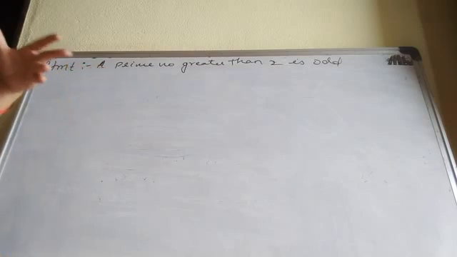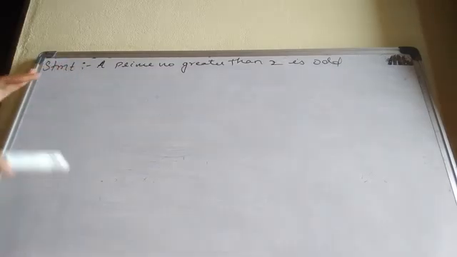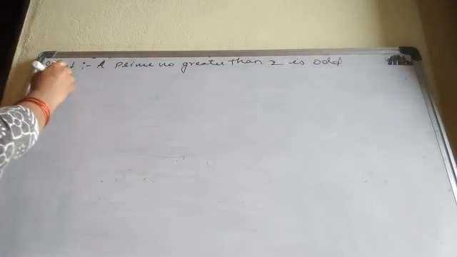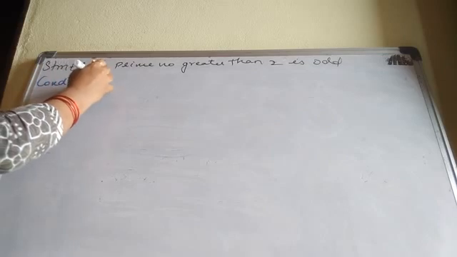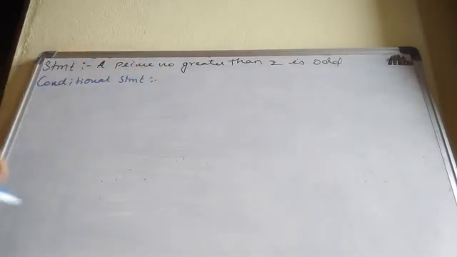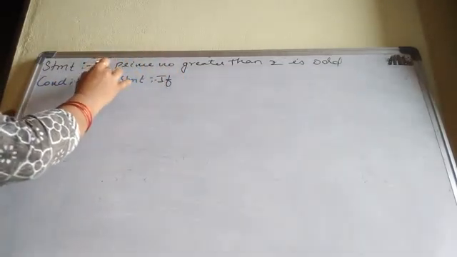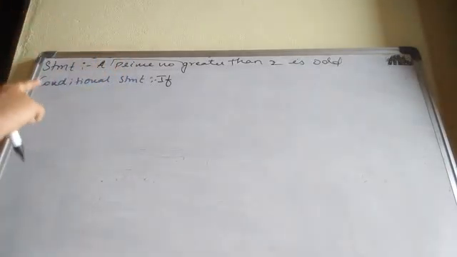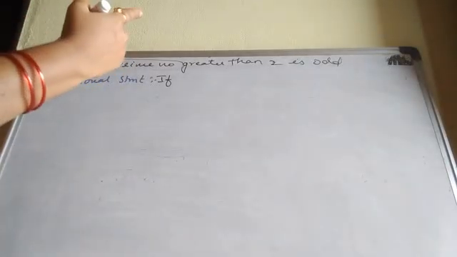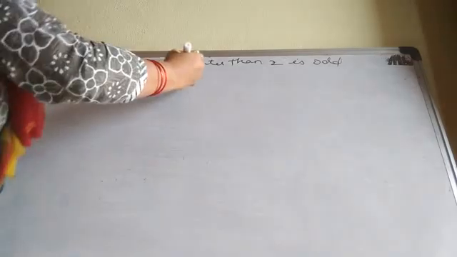We will write it as a conditional statement, by using if-then. In a conditional statement, we need to start with "if" first. If a number is a prime number greater than 2, then it is odd.